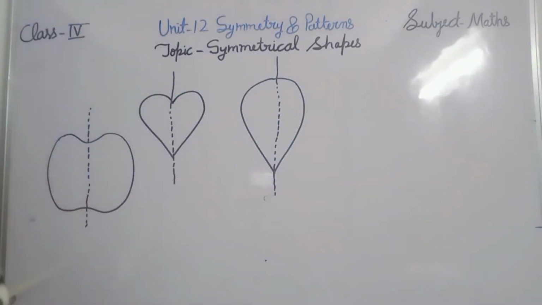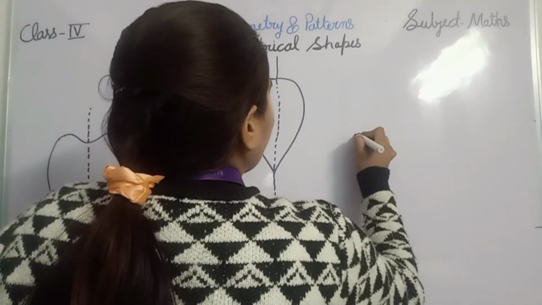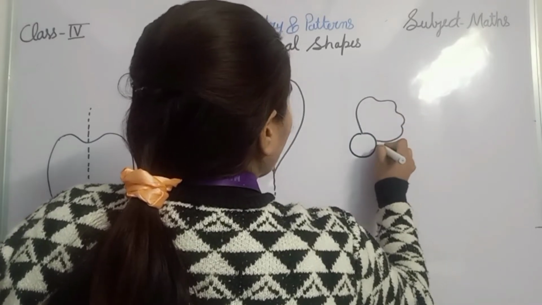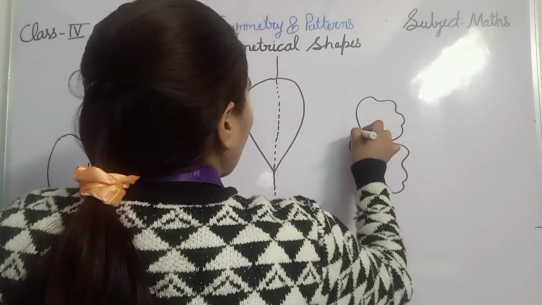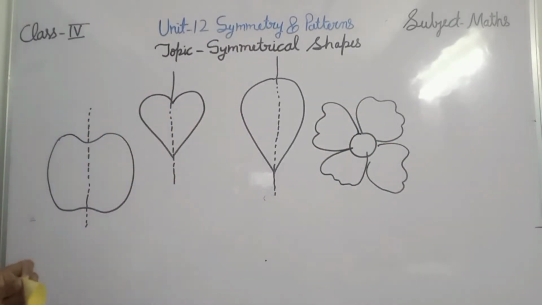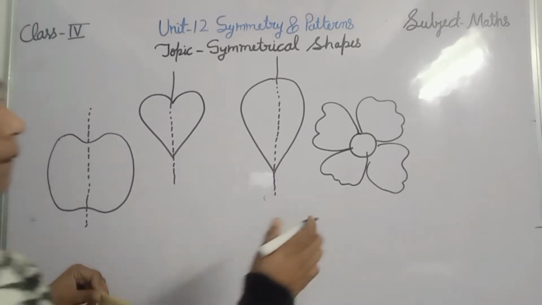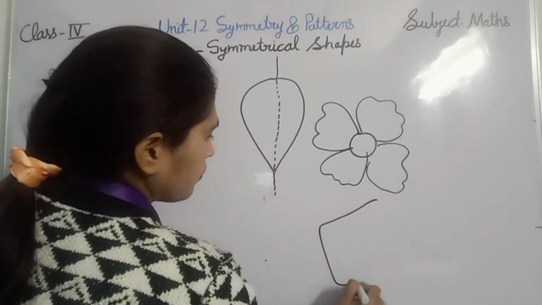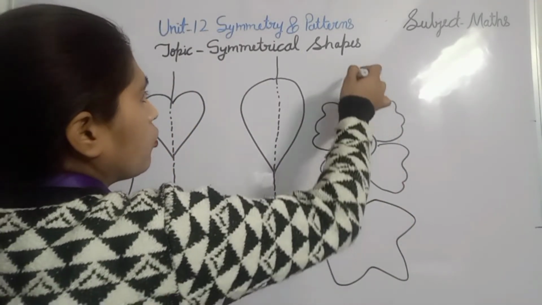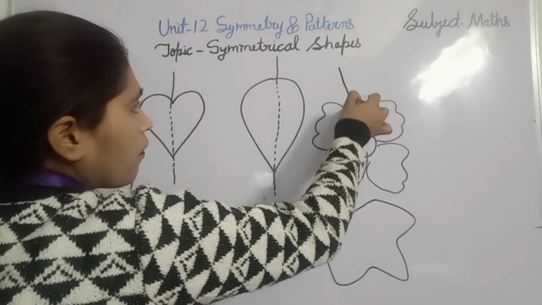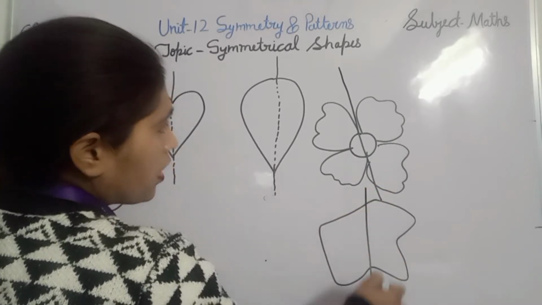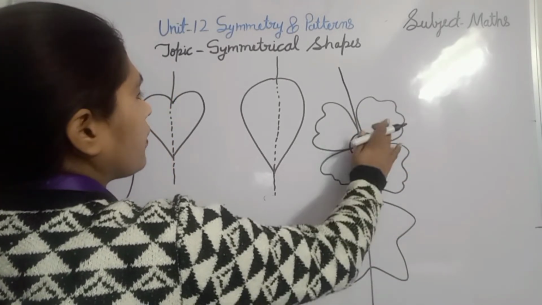For example, I am making one flower here, and another thing here. See here, now I am dividing it into two parts, and in this also I am dividing into two parts. In this flower you will get the same part on both sides.